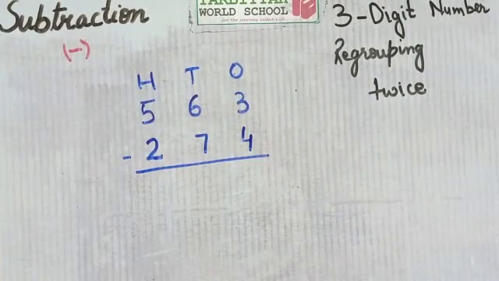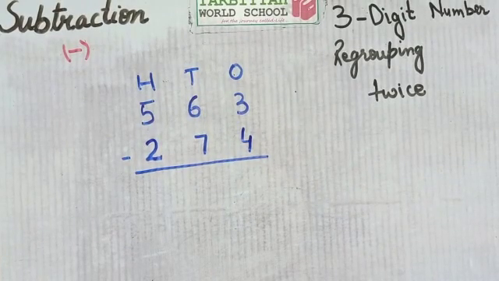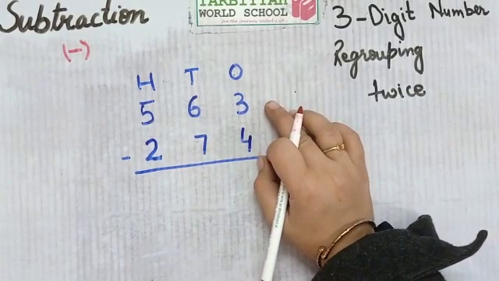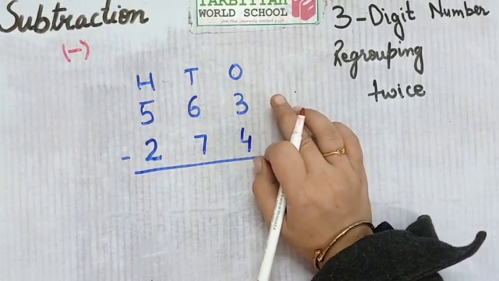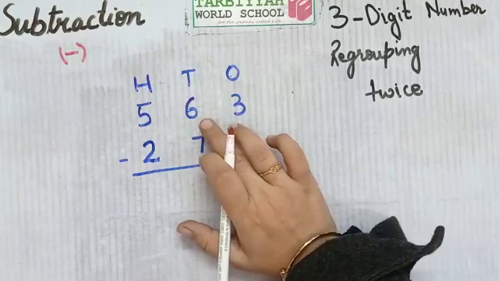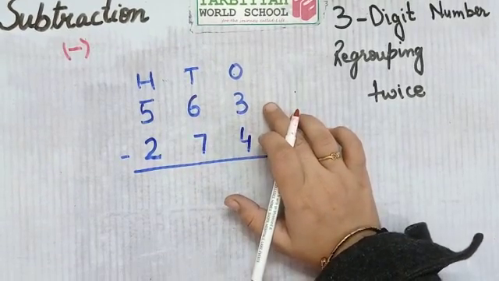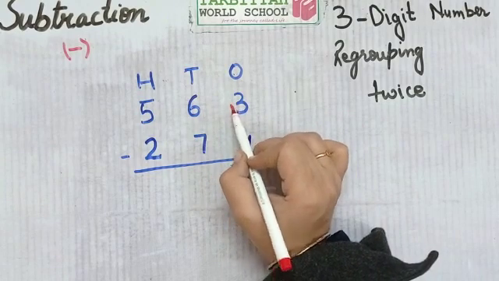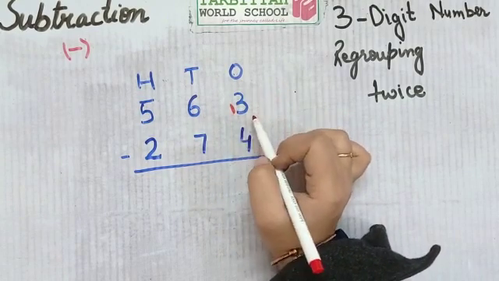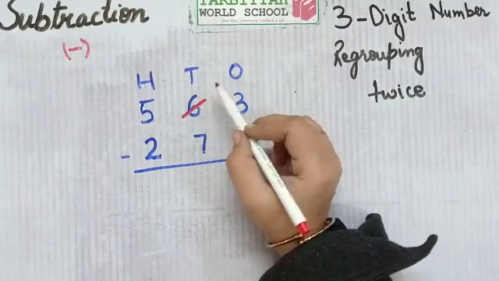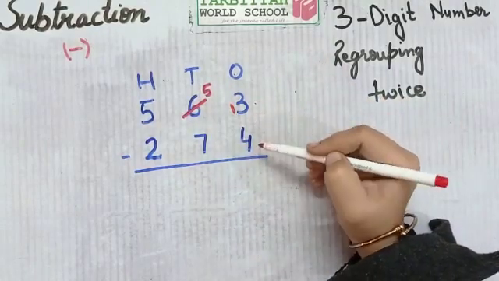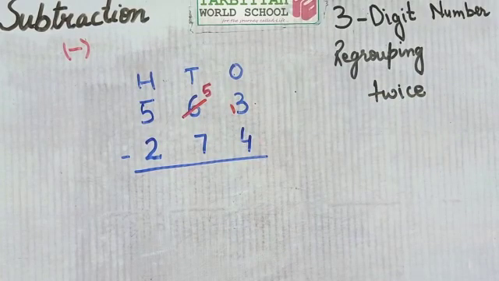Now we will subtract the numbers that are placed at the ones place. So we have to regroup the 6 tens and 3 ones. If we give the number 1 to the ones, the ones will become 13 ones and 6 tens will become 5 tens. So 13 minus 4 is what?